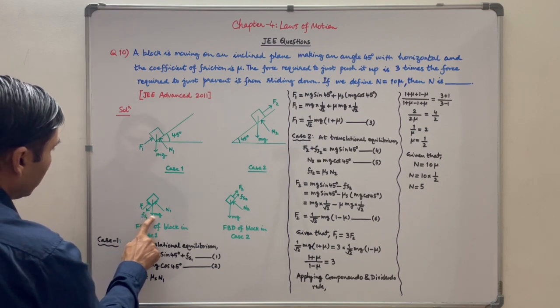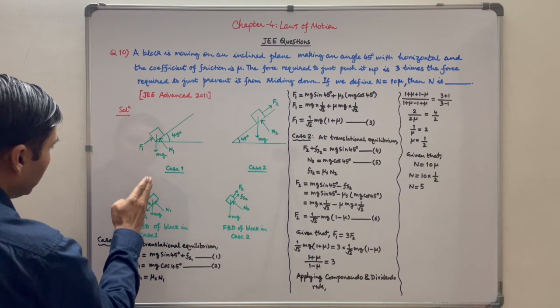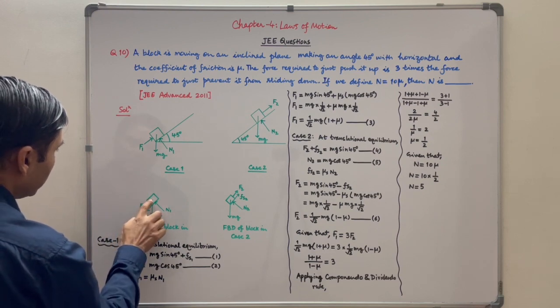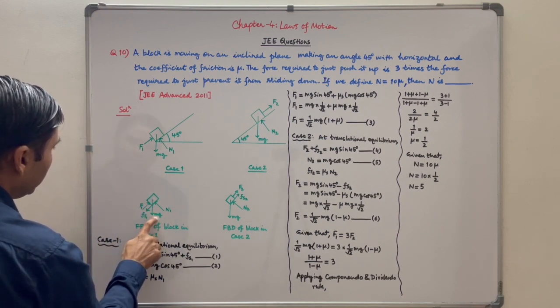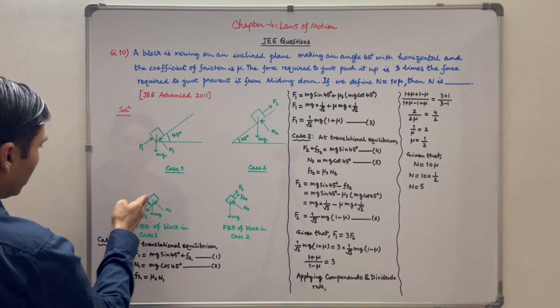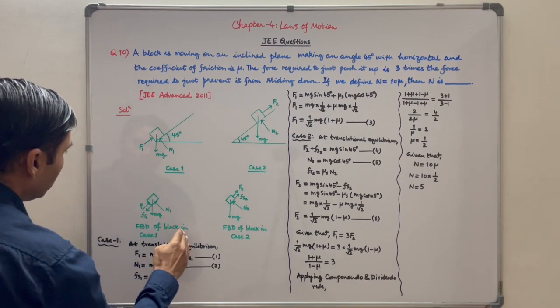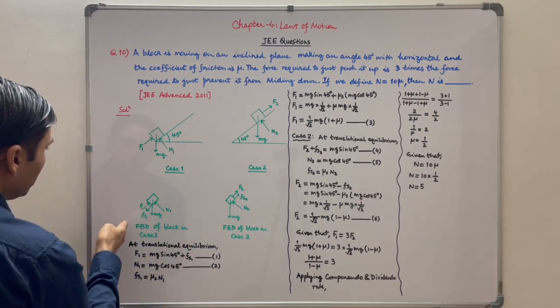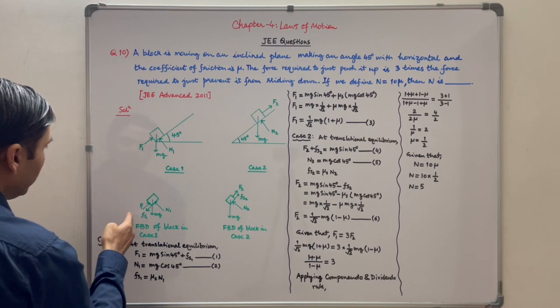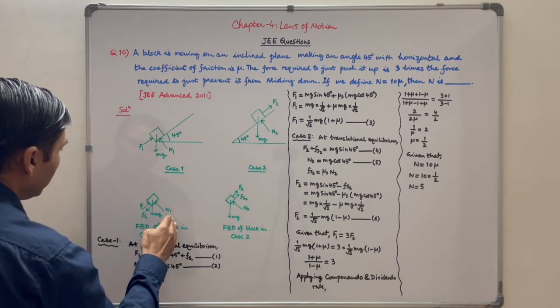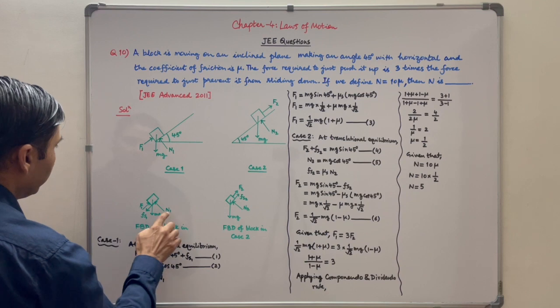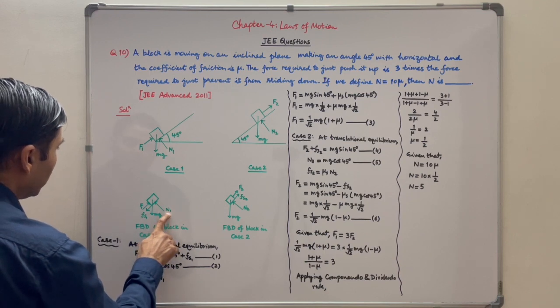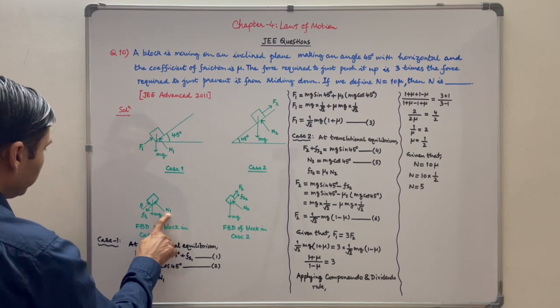Weight of the block is mg, that works vertically downwards at its geometrical center. We will resolve it into two components, one along the plane, another perpendicular to the plane. Along the plane component will be mg sine 45, and perpendicular to the plane component will be mg cos 45. N1 is normal reaction applied by the plane which is perpendicular to the plane.